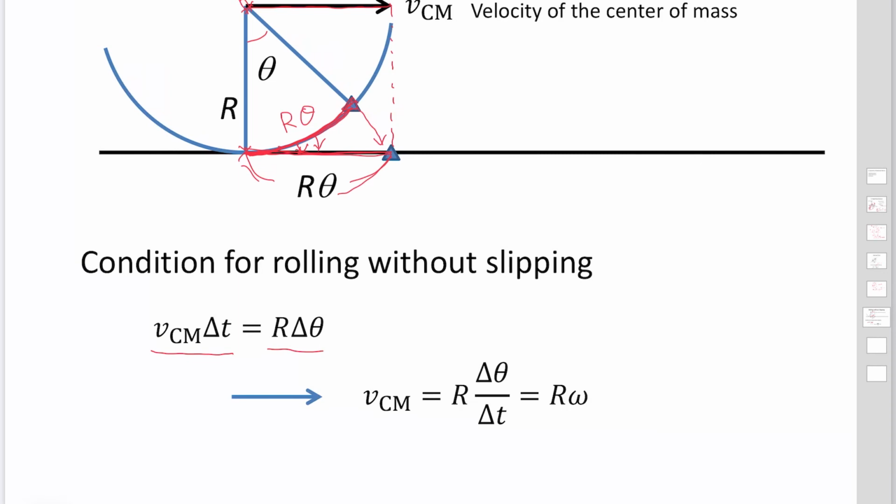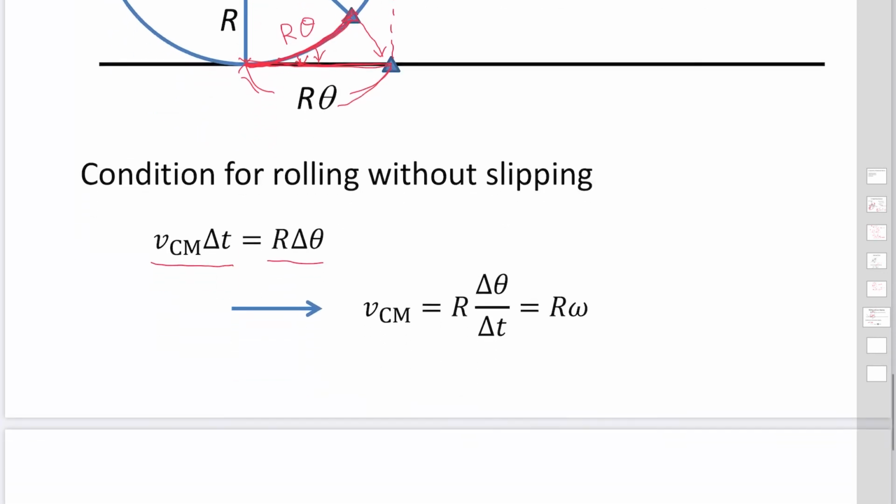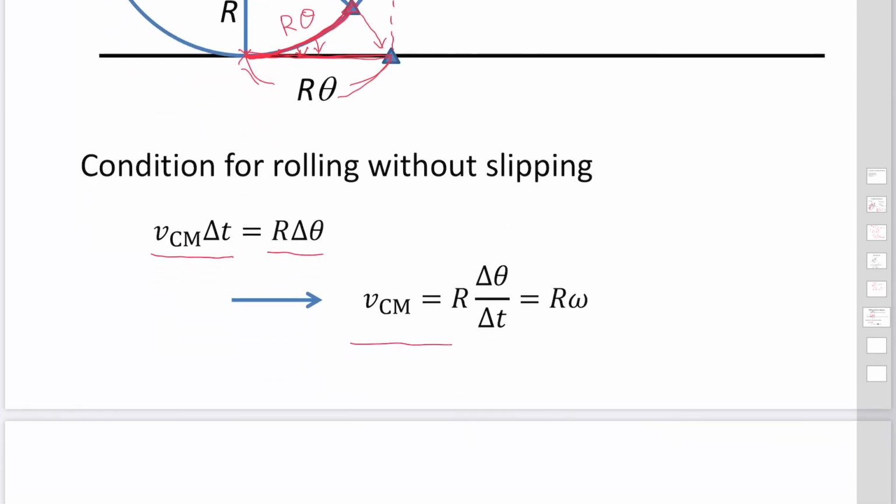So by dividing by delta t on both sides, v sub cm is expressed r times d theta over dt. And d theta over dt is equal to omega, the angular velocity. So the velocity of the center of mass is expressed r omega.